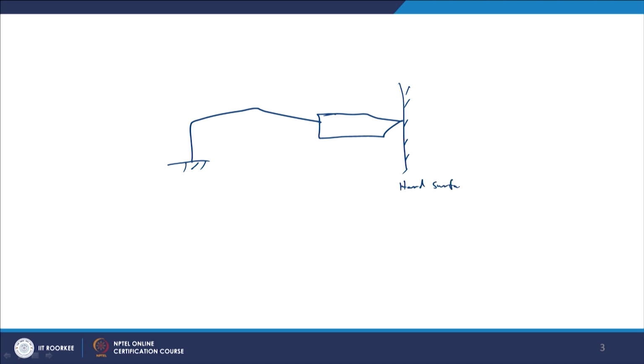So, now let us consider a manipulator where the tool is in contact with the environment, which is basically the hard surface, x direction. Point P is the point of contact, and thus the manipulator with its end effector having the tool.